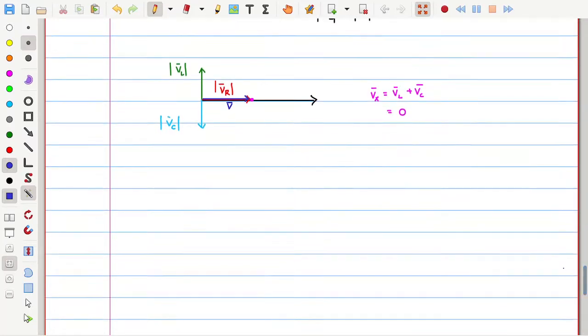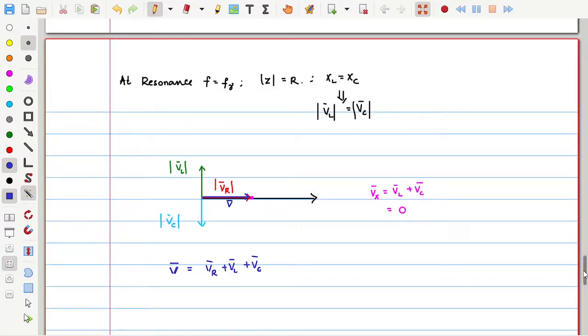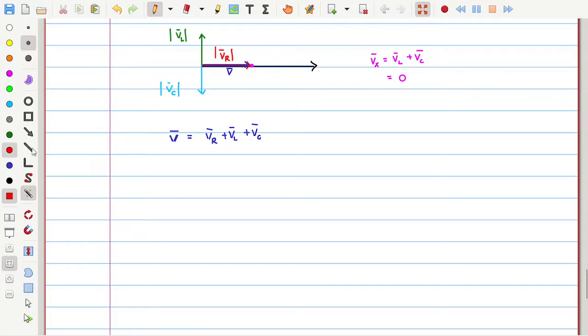That means we have an RLC circuit in which total voltage is equal to VR plus VL plus VC. Because VL is equal to VC, these two terms add to 0, then 0 plus VR.